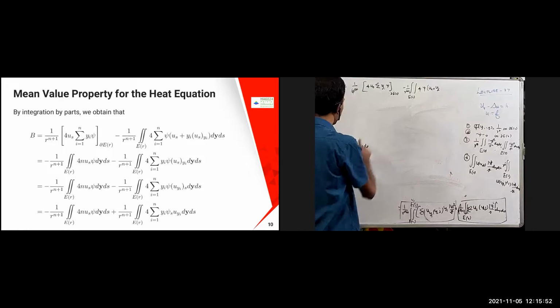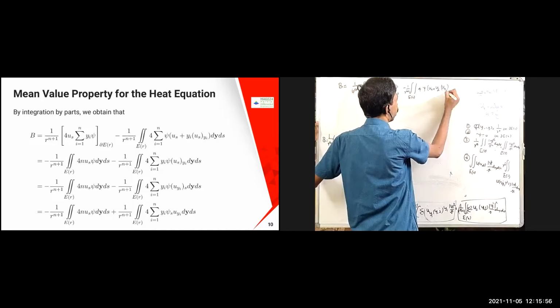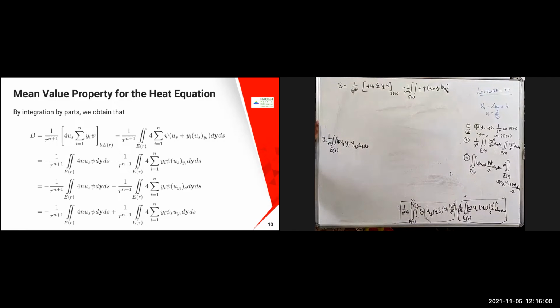So v is becoming yi into us with respect to yi, 4 into psi into us. So u two times is going to come, because with respect to yi, first time u is going to be 4 us yi.